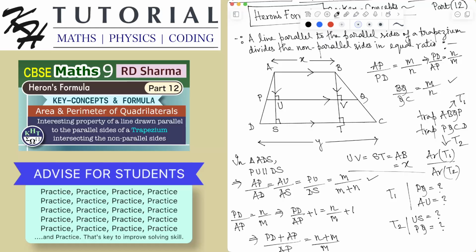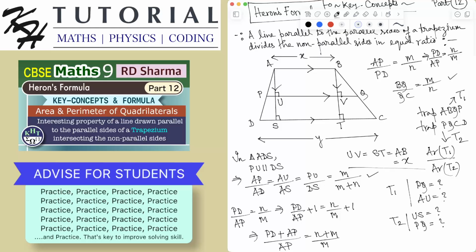So we have considered AP by PD to be equal to m by n. So this implies PD by AP will be equal to n by m. If I add 1 to both sides, I have PD by AP plus 1 equals n by m plus 1.